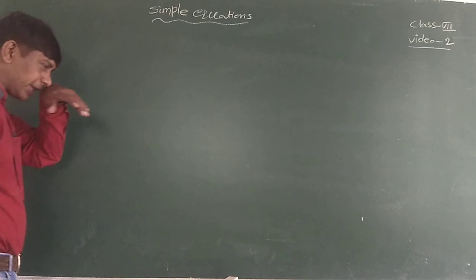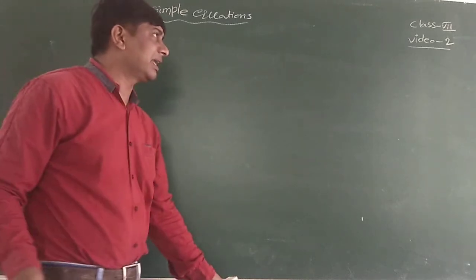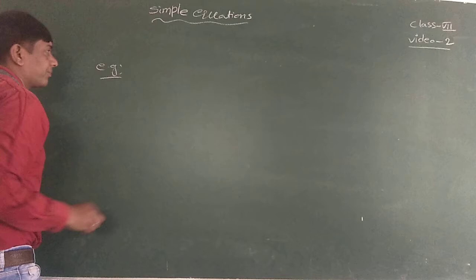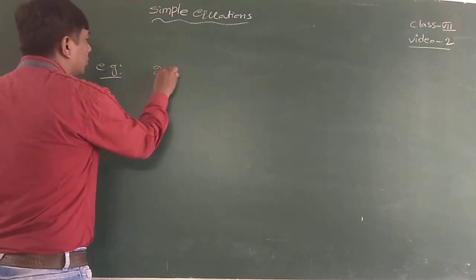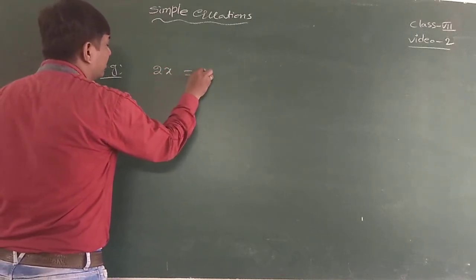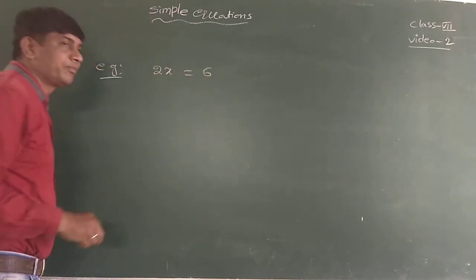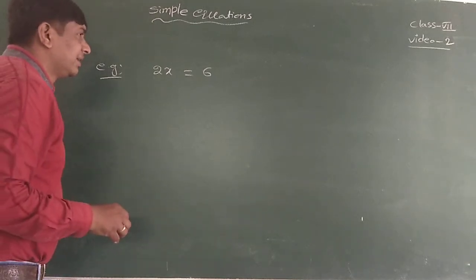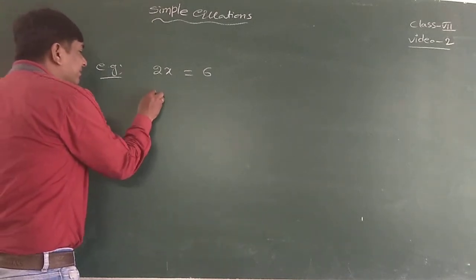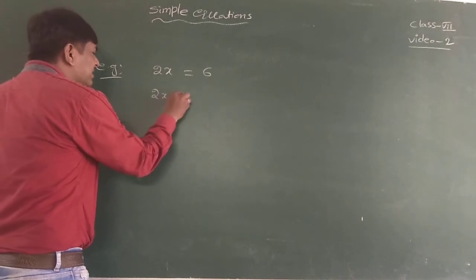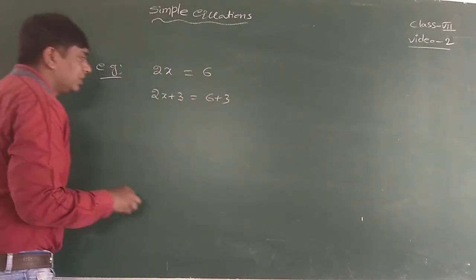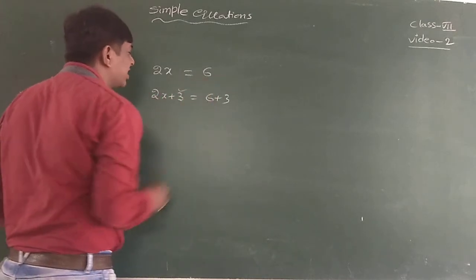What is transposition? Before transposition, I'll give the conditions here. Example: 2x is equal to 6. This is a simple equation. If I add 3 on both sides, 2x plus 3 is equal to 6 plus 3, then only this equation will remain balanced.